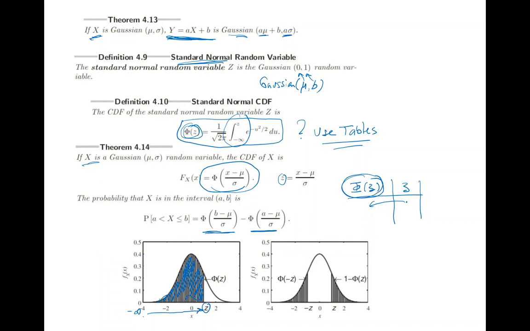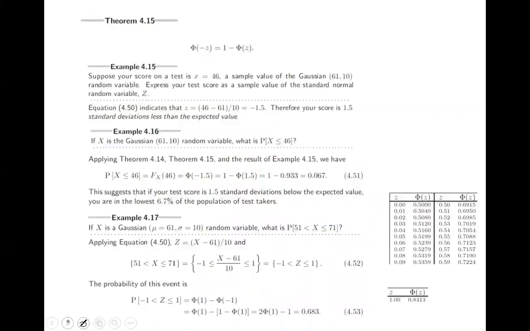Then, since the total area is unity, we can define 1 minus phi of z as the area here. Okay? The area here is 1 minus phi of z. So here it is: phi of minus z is 1 minus phi of z.